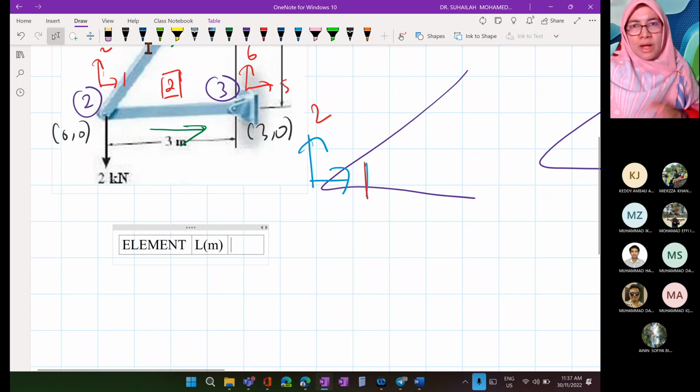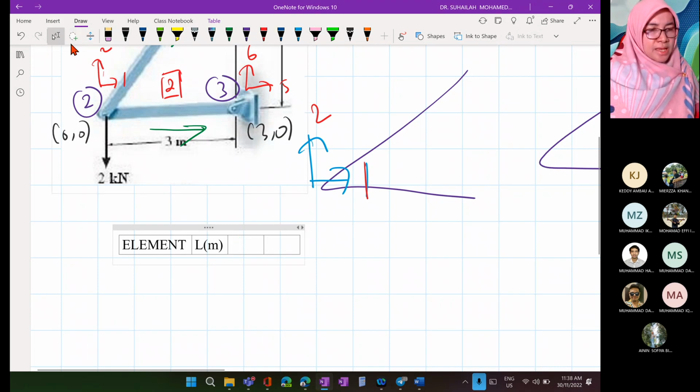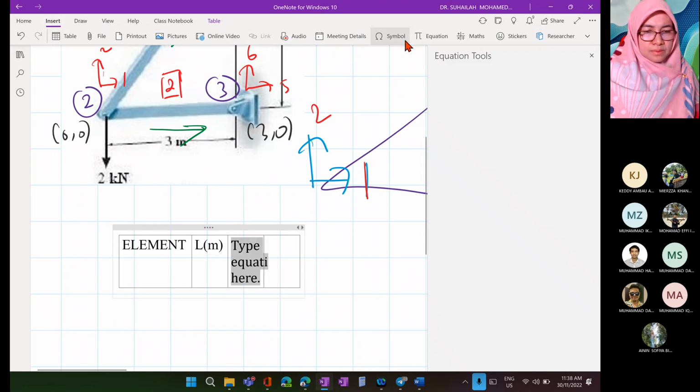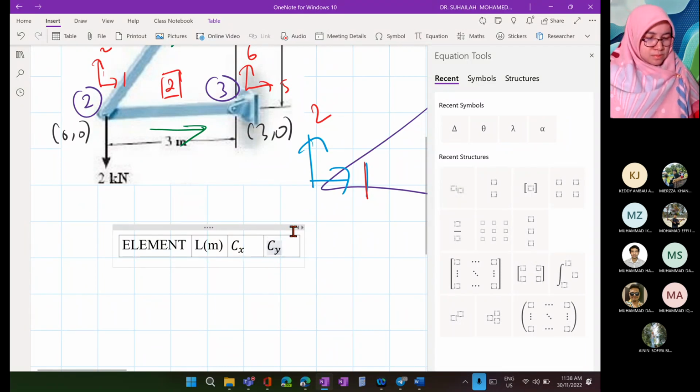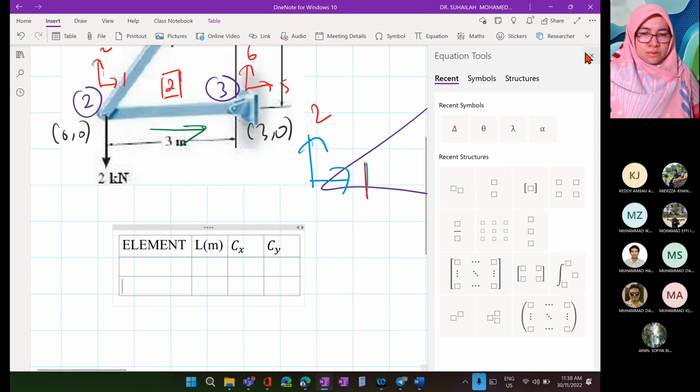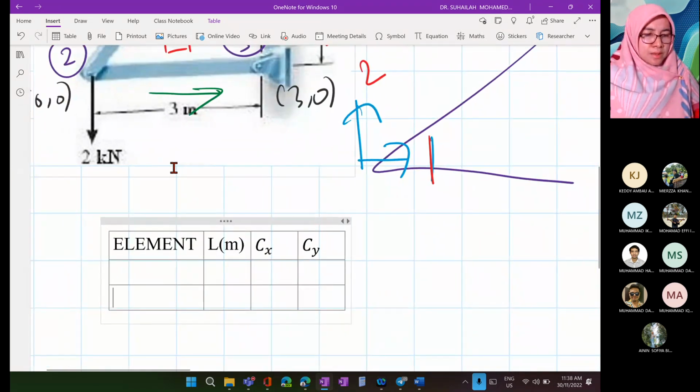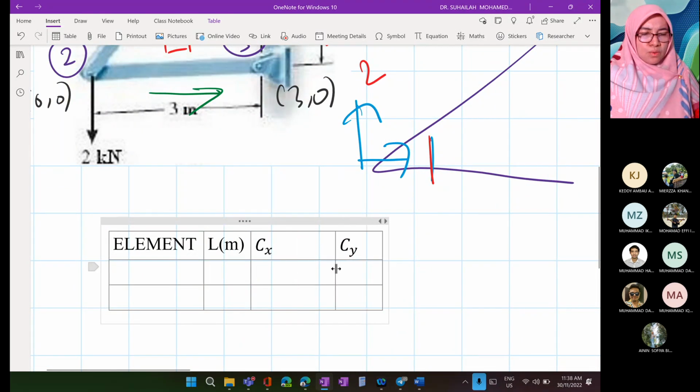And we have Cx and Cy, or lambda x, lambda y. I prefer to write Cx, Cy.